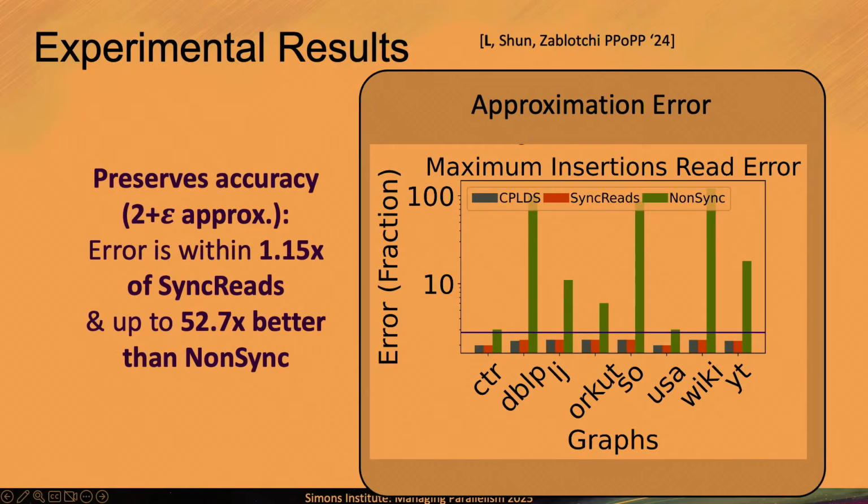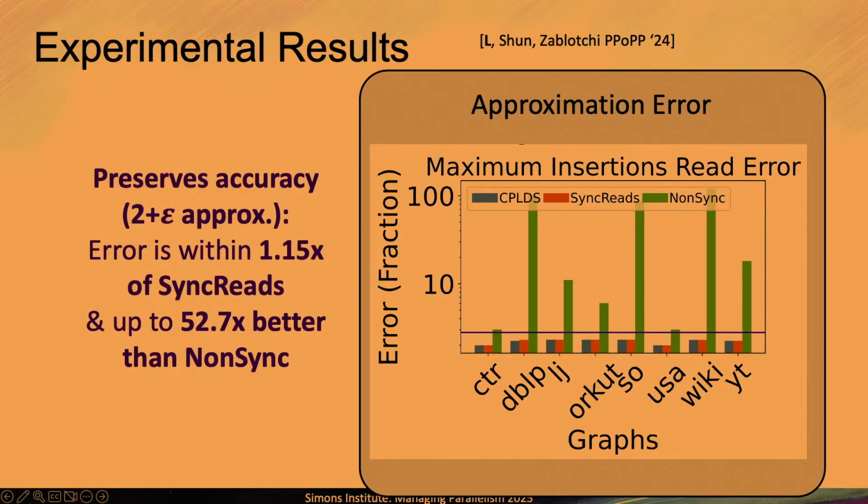Now this is the approximation error. So for the approximation error, we basically compare for every update we give it, the approximation that we get after performing the update and the approximation before performing the update, and we take the best out of the two.